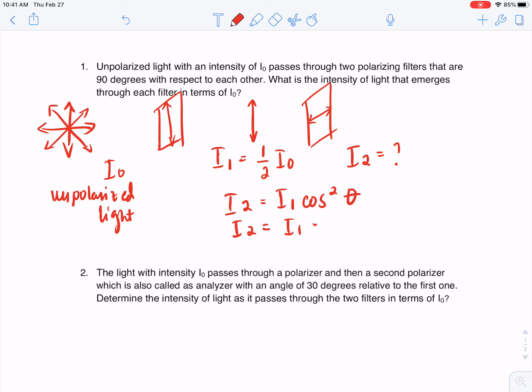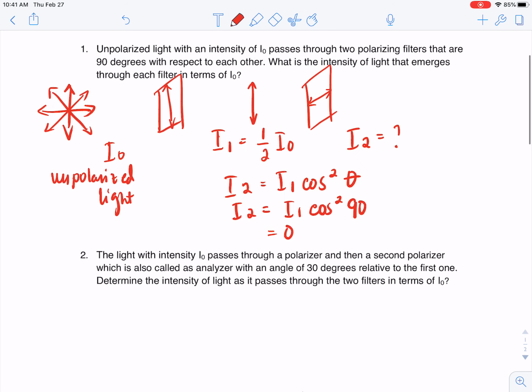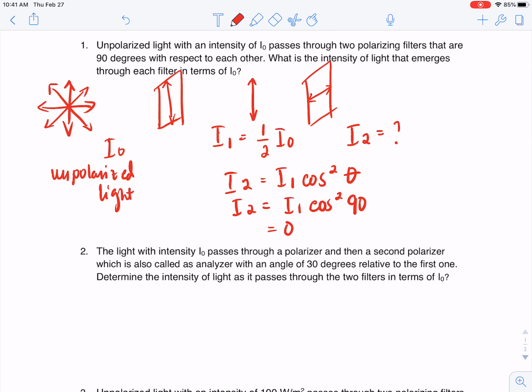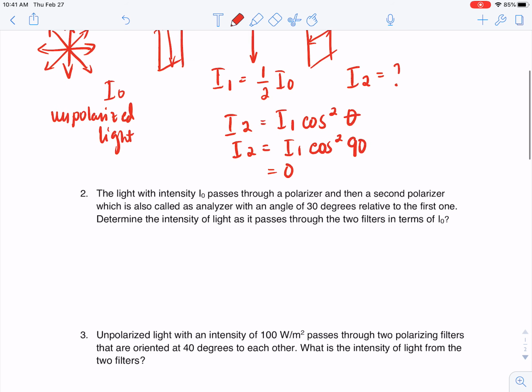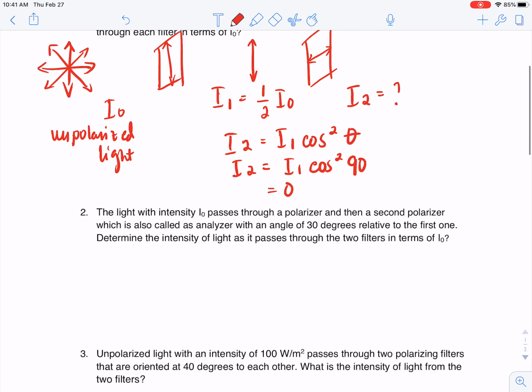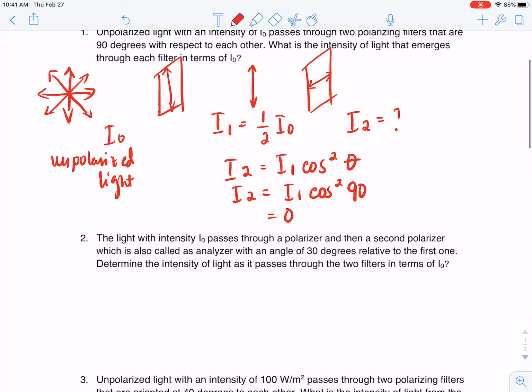So I1 cosine squared 90, and we know that cosine 90 is equal to 0. So the answer here is 0. There will be no light passing through these two polarizers that are 90 degrees from each other.